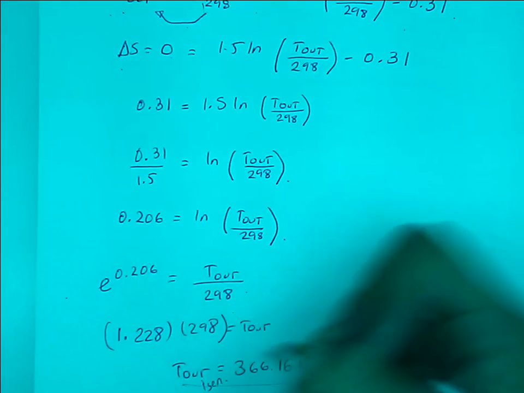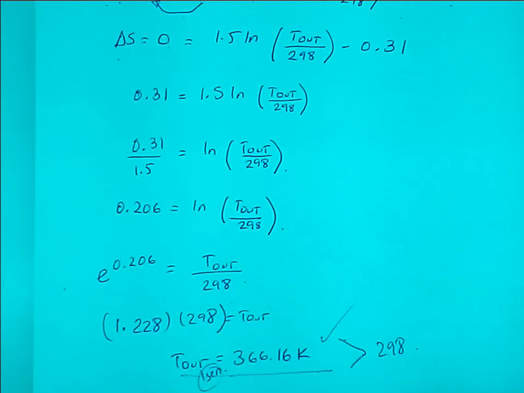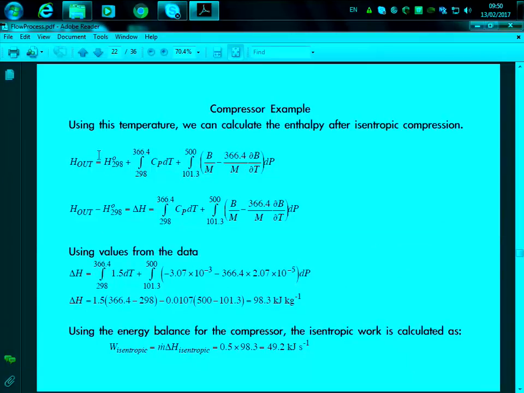So we continue. Now we need to correct. We have obtained the T out at isentropic conditions, but actually we want the real temperature that we will get. So we continue in our calculations. We will use this temperature now in order to calculate the enthalpy after isentropic conditions. In this case, we will use the enthalpy equation, taking the enthalpy property equation that we saw when we were looking at enthalpies.